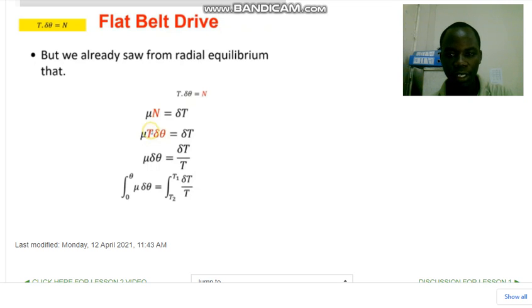Equating the frictional force with the small change in tension and solving, we get that the integral from 0 to theta of the coefficient of friction times the small change in angle is equal to the integral of the small change in tension divided by the overall tension, between T2 and T1. Students, these are the most important equations for the flat belt drive.